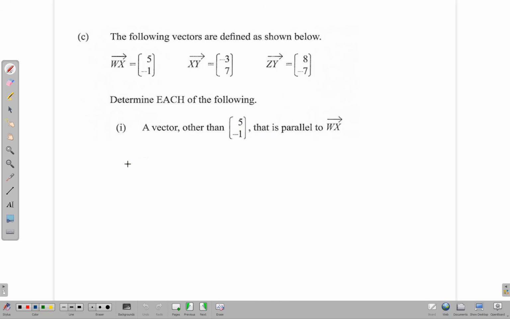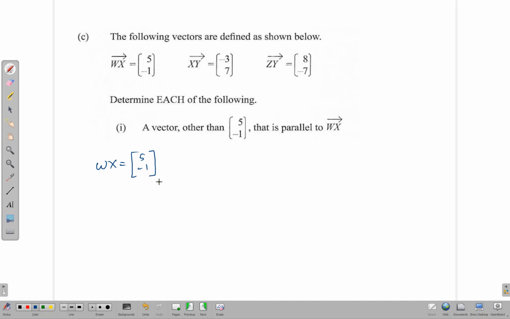Now what does parallel mean? Parallel in vector ideas means that the vector has the same components or is a multiple of. So wx is equal to (5, -1).